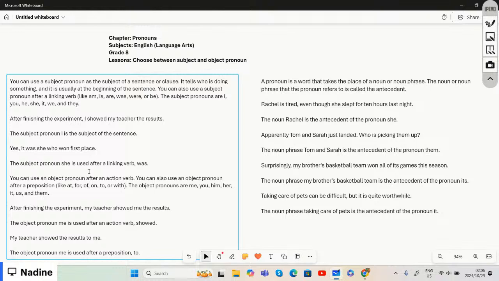All right. So we said that when it comes to a subject pronoun, we can use it as a subject of a sentence or a clause, and usually you'll find it at the beginning of a sentence. It tells us who is doing something.